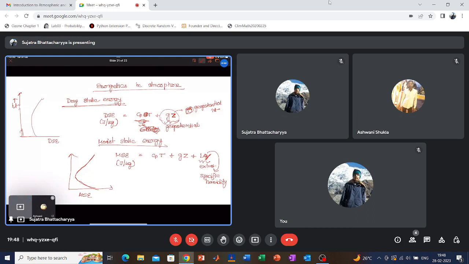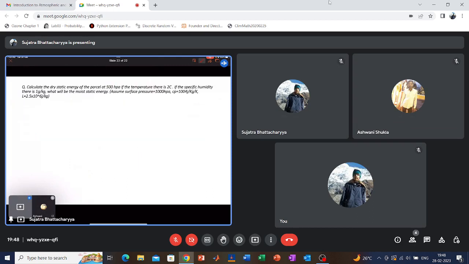Okay. Now, based on this, there is a simple question. At 500 hectopascals, if the temperature there is 2 degrees Celsius, or temperature is therefore calculated as 275 Kelvin, right? If the specific humidity q is 0.001, because it is 1 gram per kg, what will be the dry static energy?